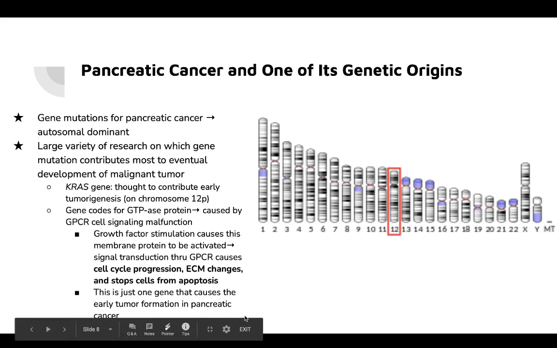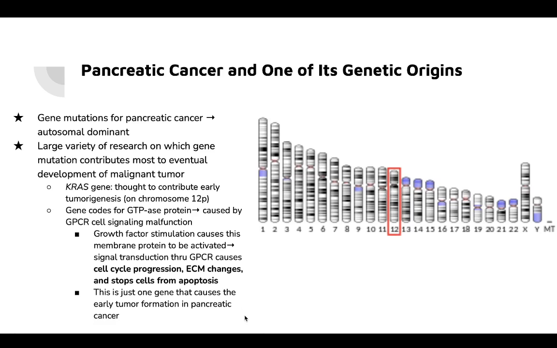What this gene does is it codes for a GTPase protein, which, as we saw before in the cell signaling stages, is related to the GPCR cell signaling, and it causes a malfunction in that signaling process. What happens is that growth factor stimulation from the external fluid causes this membrane protein to be activated, and therefore the signal transduction through the GPCR causes eventual cell cycle progression, extracellular matrix changes, and it stops cells from committing apoptosis when they need to.